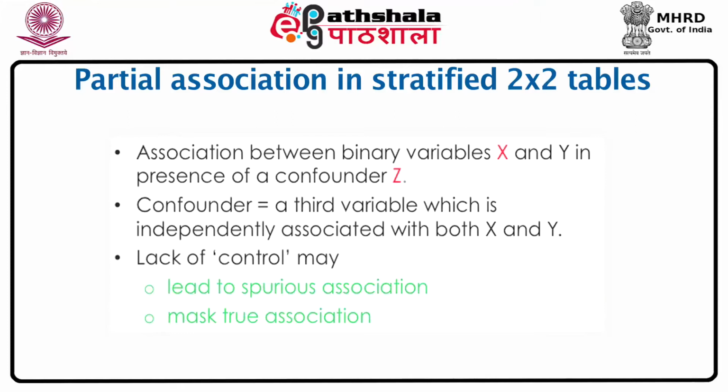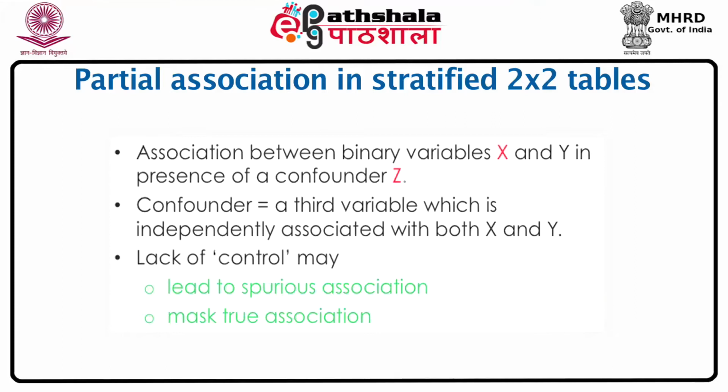This means that the association between z and x and the association between z and y are not necessarily linked, and a violation of this can happen if z is in the causal pathway between x and y. Thus, for example, if we were to say that smoking leads to stress, which leads to high blood pressure, then stress is an intermediate variable between smoking and blood pressure, and it is not considered a confounder.